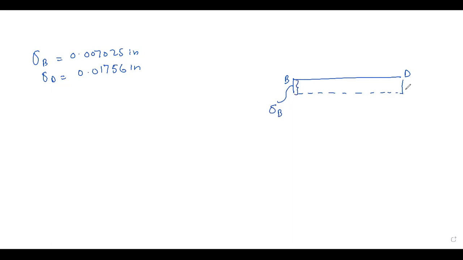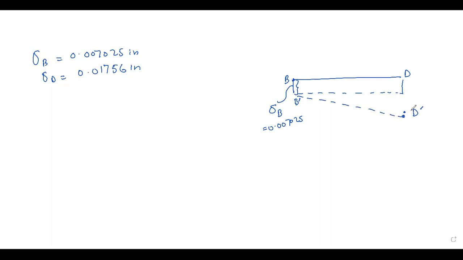At point D, the value of this one is 0.07025. Now the deflection at D will be slightly higher because these two values are different. So this is slightly higher, so it will be somewhere here. So suppose this is B and this is B dash. So it will be automatically D and D dash.